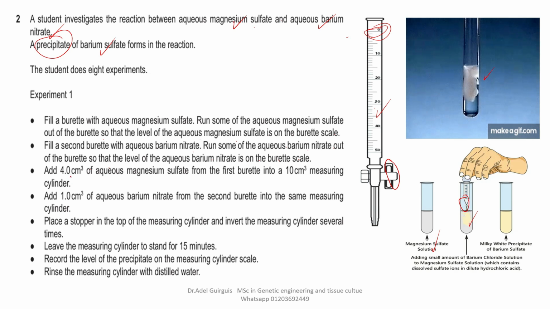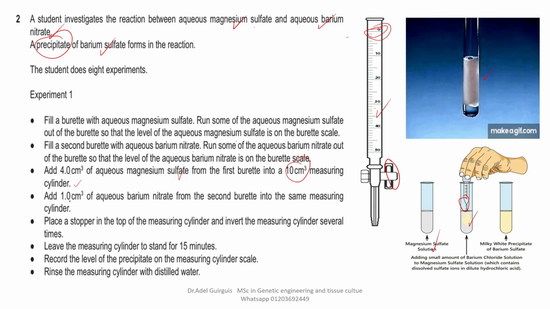The student adds 4 cubic centimeters of aqueous magnesium sulfate from the first burette into a 10 cubic centimeter measuring cylinder. The student takes an empty measuring cylinder of maximum volume 10 cubic centimeters and adds 4 cubic centimeters of aqueous magnesium sulfate.